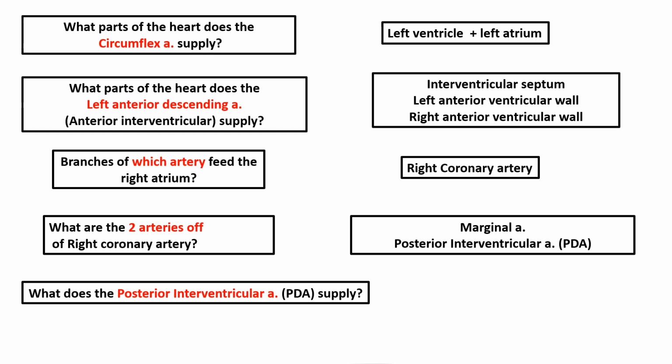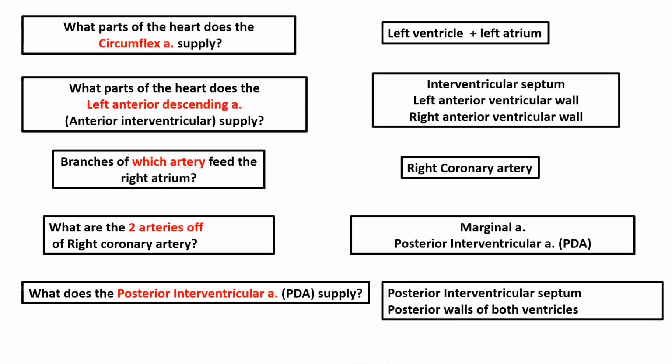What does the posterior interventricular artery supply? It is going to supply the same structures as the anterior interventricular. They are the right ventricle, the left ventricle, and the interventricular septum.